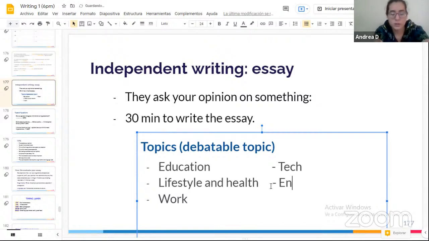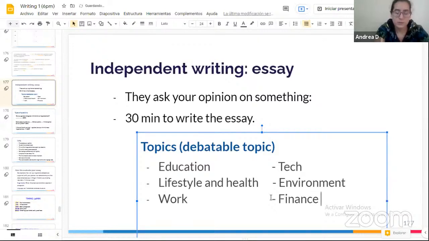Then you also have some questions about the environment. And sometimes you get some financial decisions. So do you like to save each month, or how do you spend your money, that kind of thing.